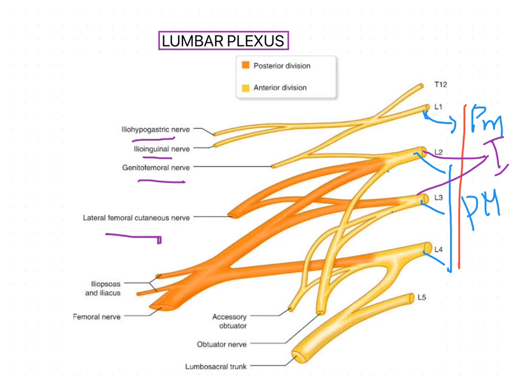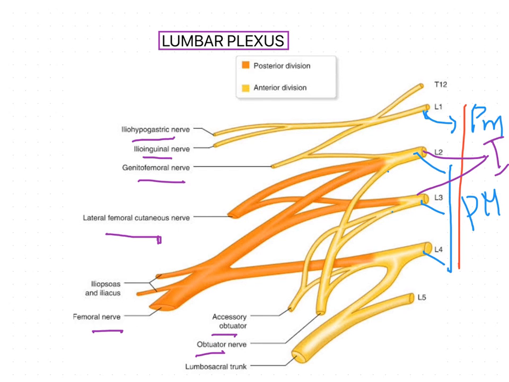This is a dorsal branch. Next, the femoral nerve is L2, L3 and L4, all dorsal branches. The obturator nerve is from the ventral branches of L2, L3 and L4. The accessory obturator, if present, is from the ventral roots of L3 and L4.